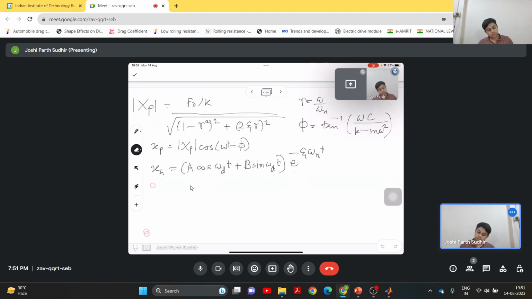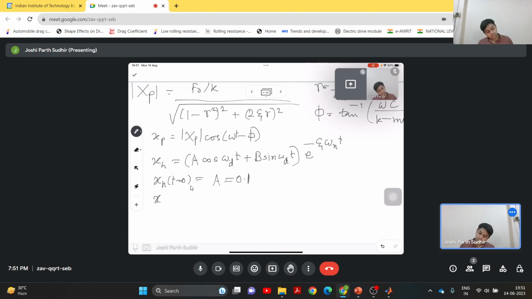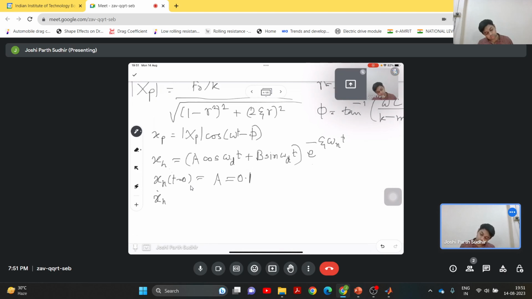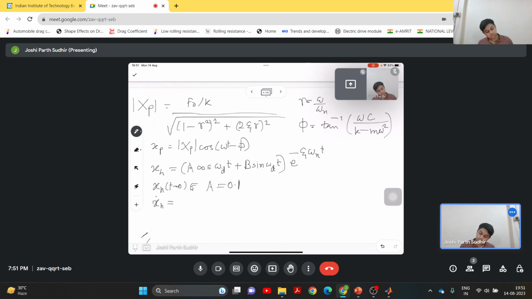So xh at time t equal to 0 is a, which is equal to 0.1, and xh dot is found by differentiating this expression for xh.